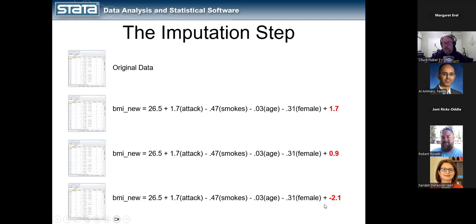The bottom one, little m equals 3, I might subtract 2.1. So what I'm doing is adding in some random noise to compensate for the fact that I've used the same conditional mean in each of those data sets. Each of the imputed data sets is going to have a slightly different value for the missing data, and it'll be unique to each observation. Each observation will get its own prediction in each of the data sets.